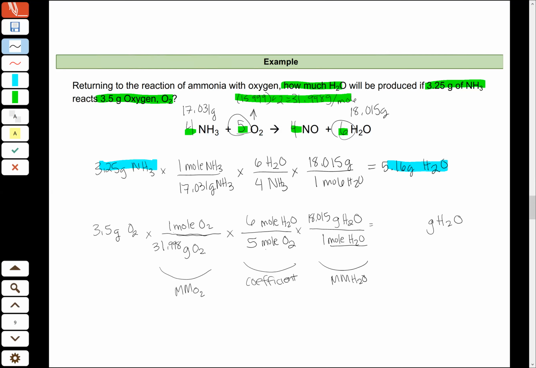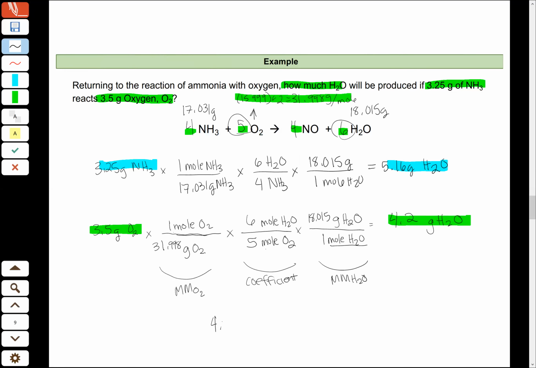Now I can plug this into my calculator. I'm going to take my 3.5 grams of oxygen and divide by 31.998 grams of oxygen. I'll multiply by 6, then divide by 5, and then multiply by 18.015. When I plug that into my calculator, I get 4.2 grams of water. So my 3.5 grams of oxygen produced 4.2 grams of water.